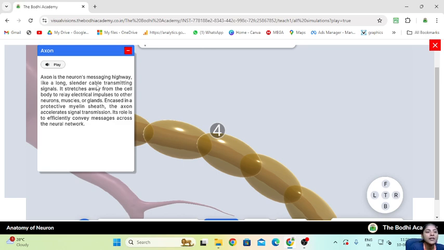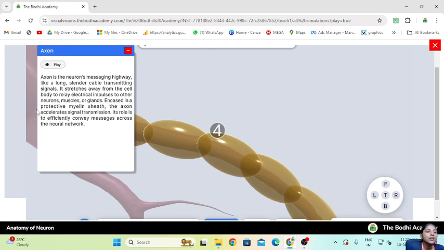It's a long slender cable transmitting the signals. So it will transmit all the signals from the cell body to the next neural cell. Now it stretches away from the cell body to relay electrical impulses to other neurons, muscles or the glands.